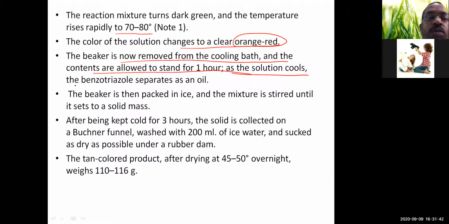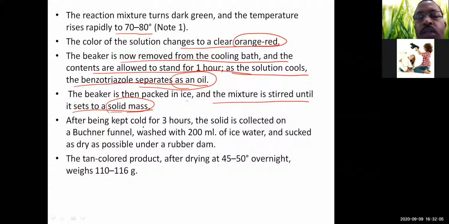As the solution cools, the benzotriazole separates as an oil. The beaker is then packed in ice and the mixture is stirred until it sets to a solid mass. So initially we get an oily substance, which on further cooling gives us the solid mass, which is nothing but the benzotriazole.